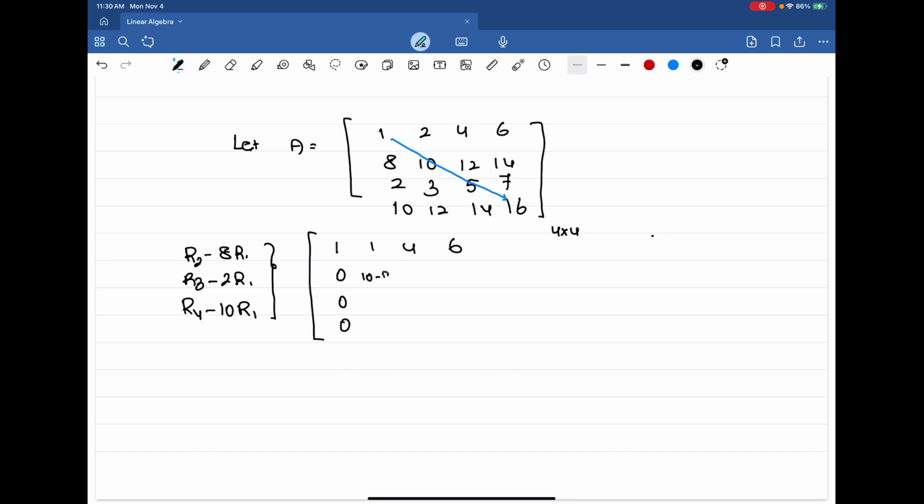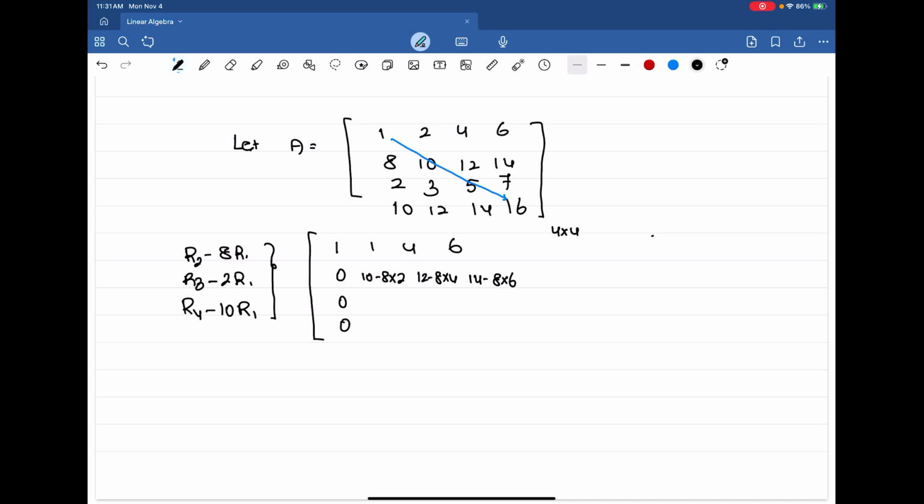This will be 12 minus 8 into 4. This will be 14 minus 8 into 6. Agree?